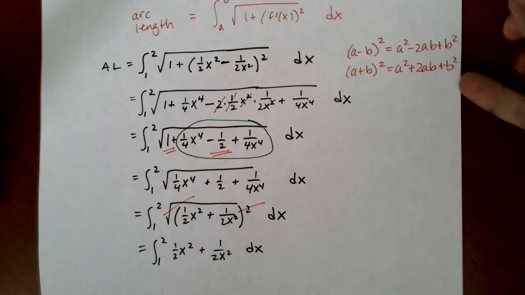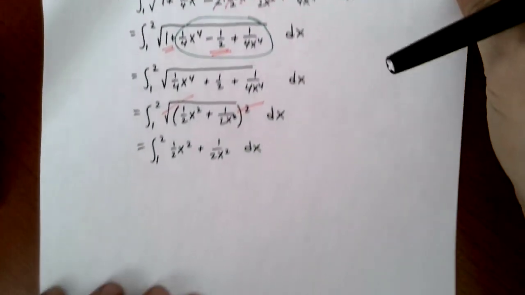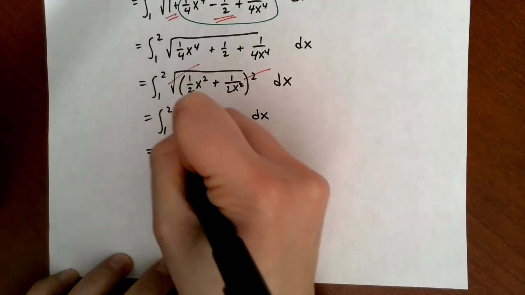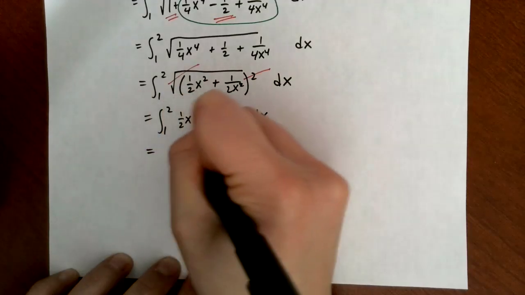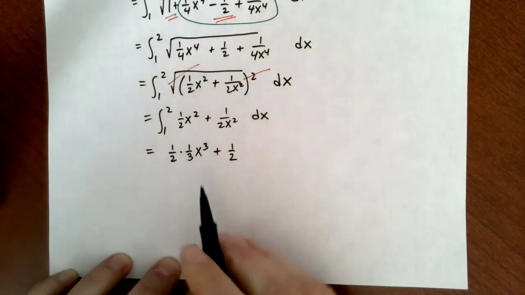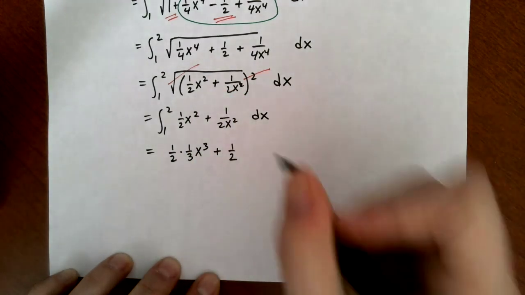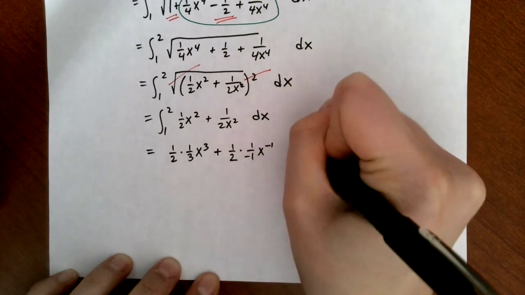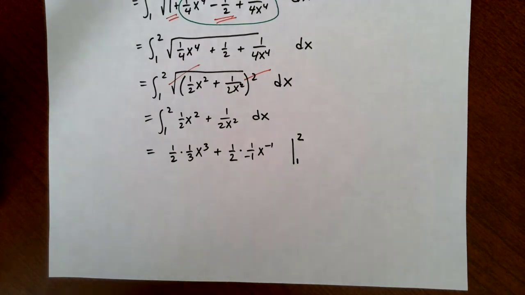So we still have work to do, but at least we can see how this antiderivative is going to happen. Right, so I have a regular reverse power rule over here. This is 1/2 x to the -2. So its antiderivative is 1 over -1 x to the -1. And of course, I'm evaluating from 1 to 2.